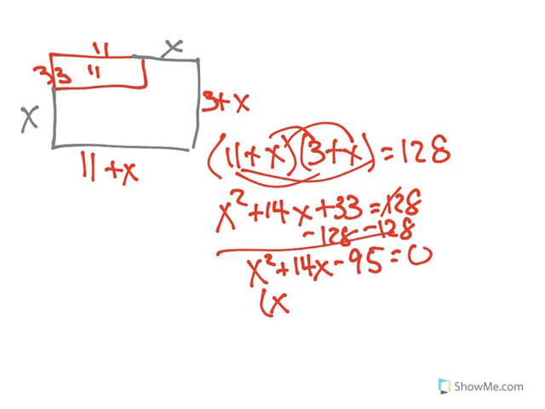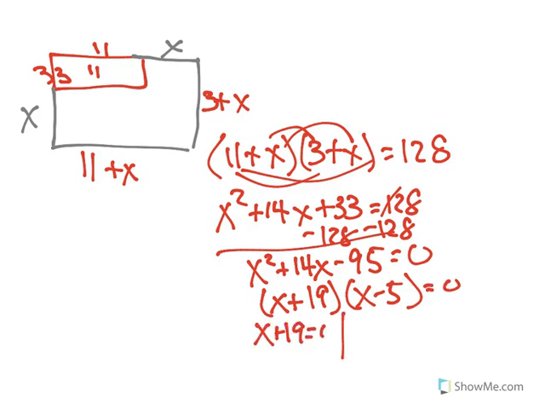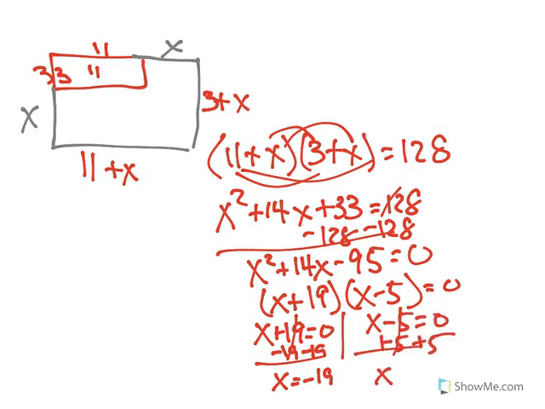That's going to lead me to x plus 19 times x minus 5. So we get our two solutions, which are x is 5 and x is negative 19. And again, negative 19 gets rejected as a result of it being negative. So we're going to say that our value of x is equal to 5, and you guys should then be able to sub it in and check.